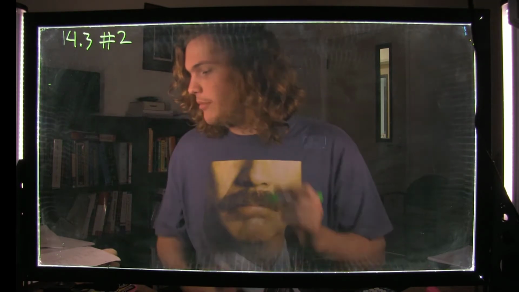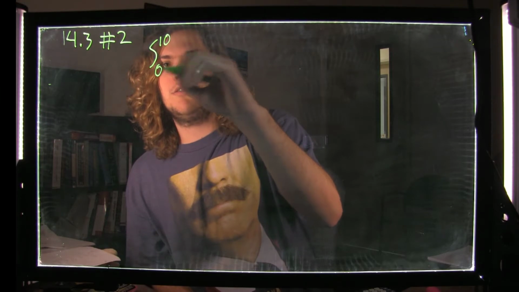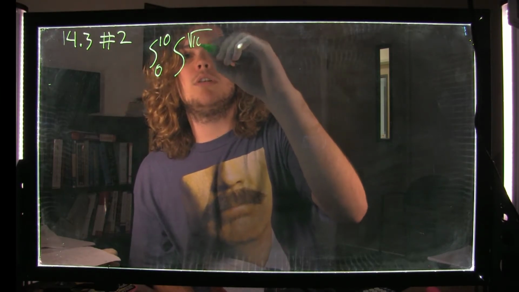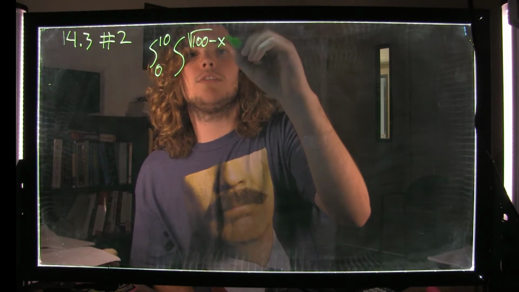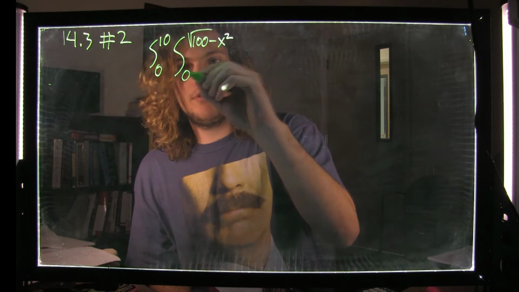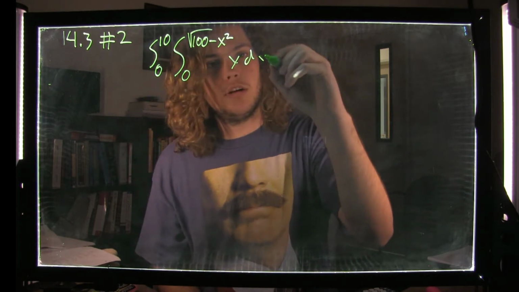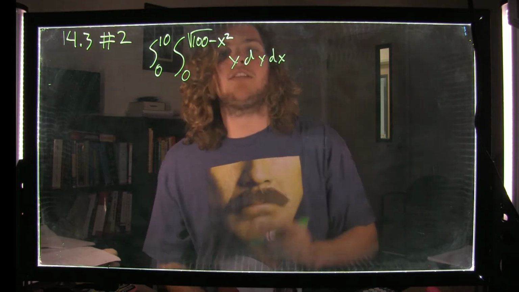So we're going to be doing 14.3 number 2, and we're going to go about this. Basically what this one looks like is it's from 10 to 0, and then root 100 minus x squared, and from 0, and then y dx.